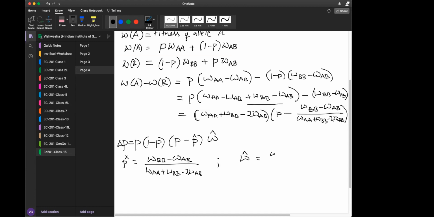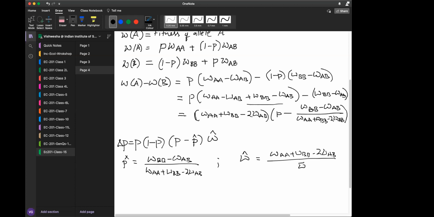It's basically omega AA plus omega BB divided by omega bar. Is that fine? Is everyone fine with this? Okay.